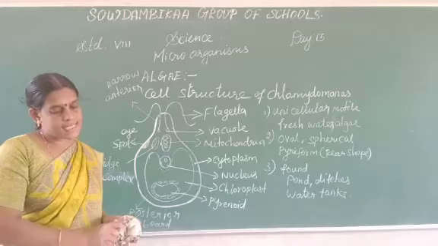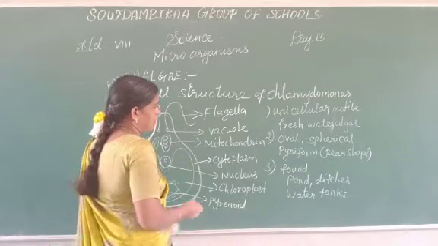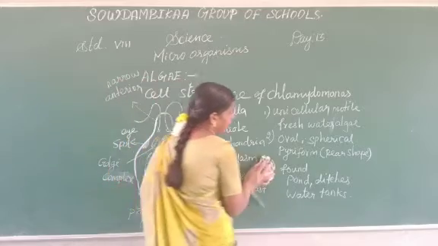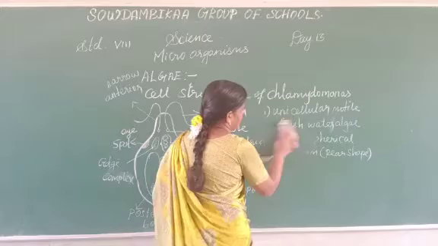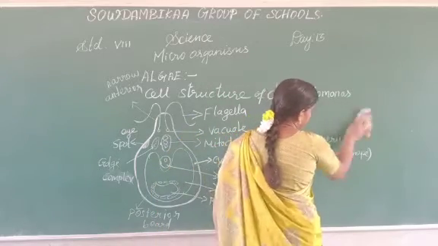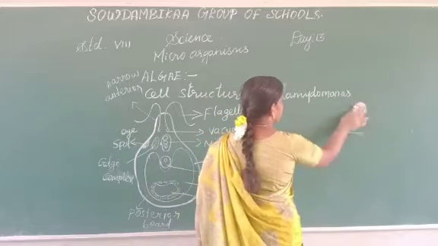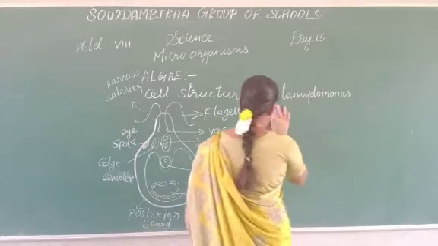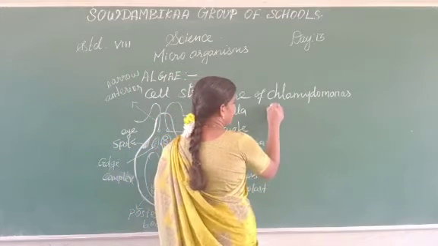The cell is surrounded by a thin cell wall. Next point: the cell wall is very thin. Thin means very light.